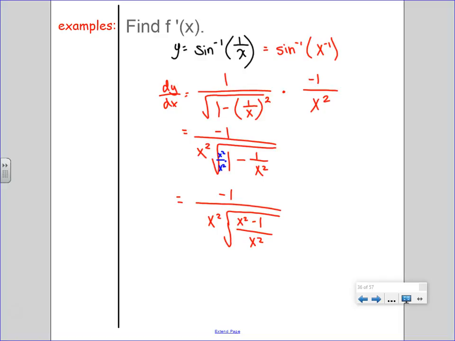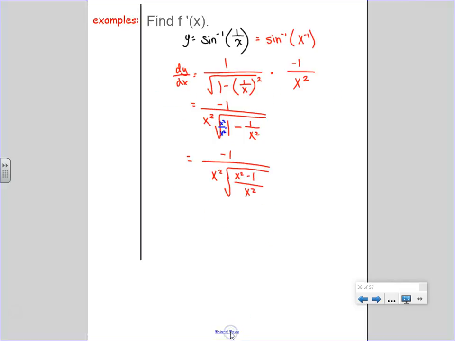That's not illegal in terms of pretending something factors when it doesn't. So now I will split up that square root to be x squared times the square root of x squared minus 1 all over the square root of x squared.